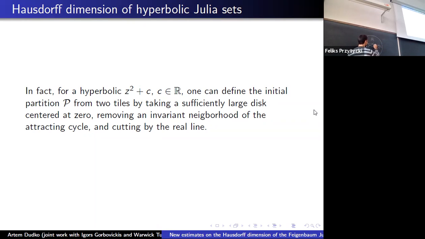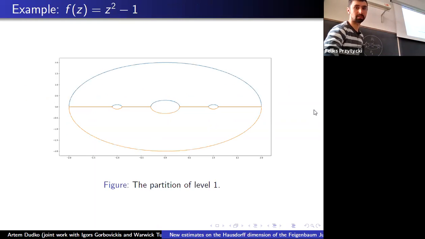This is a very crude picture. Then we take pre-images of this partition under iterates of our map, obtain refined partitions, construct based on them our Macmillan matrices, and obtain estimates for the Hausdorff dimension.